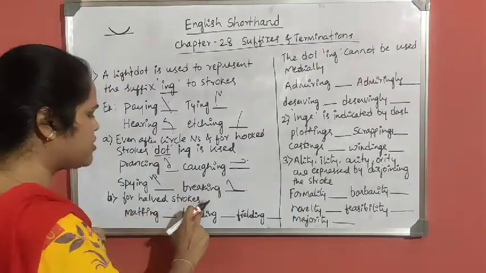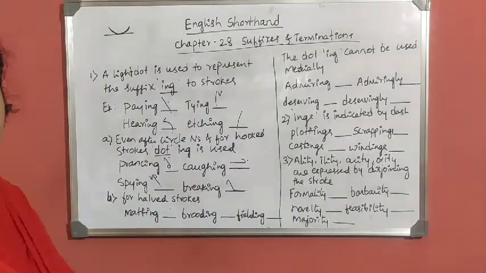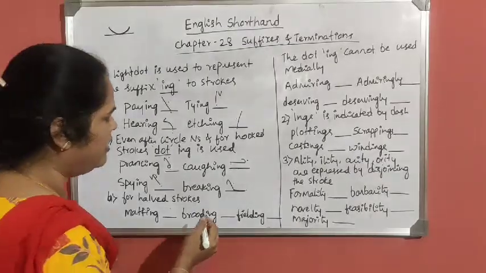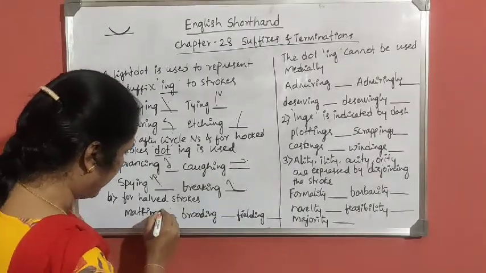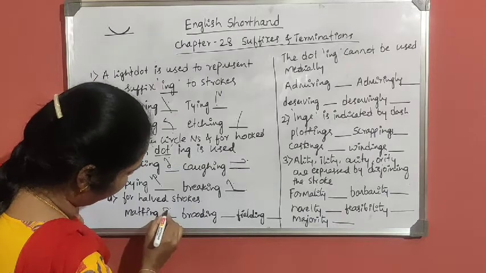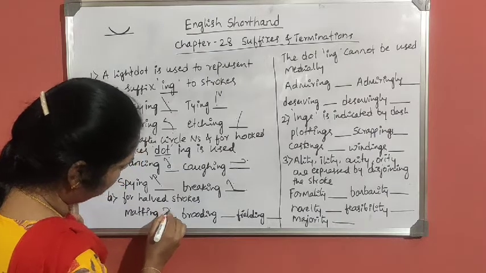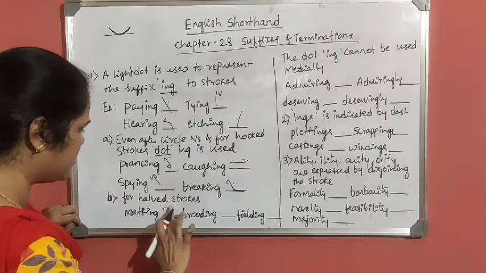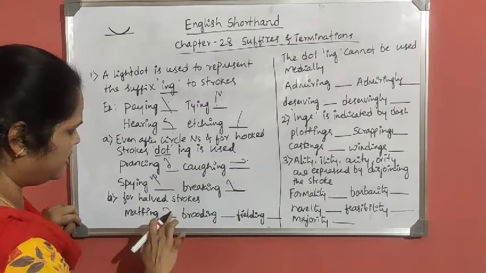Next, for halved strokes also, we can use the dot for representing ing. Matting: M is halved for the T sound. So a vowel, after M there is a light dot. This is matting.